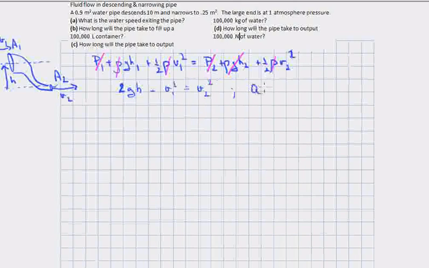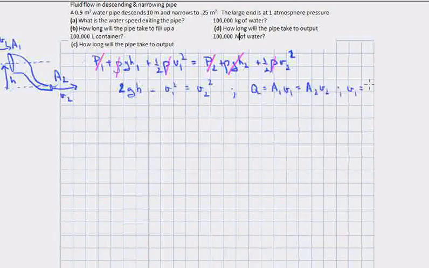So now we can use the continuity equation. The volume flow rate Q is equal to the input volume flow rate, A1 times V1, and that's going to be equal to the output volume flow rate, A2 V2. I'm interested in solving for V2, so I can solve this for V1.